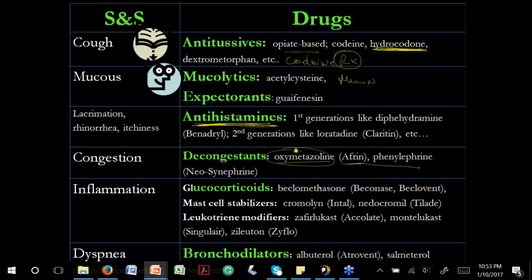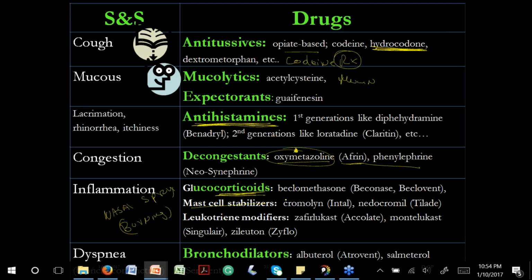For inflammation, corticoids: beclomethasone, prednisone, dexamethasone, some are glucocorticoids. One thing to remember about glucocorticoid nasal spray: the nursing consideration is burning. Don't wait until the burning happens. Tell the patient beforehand, because they will otherwise feel it's not the right medication.